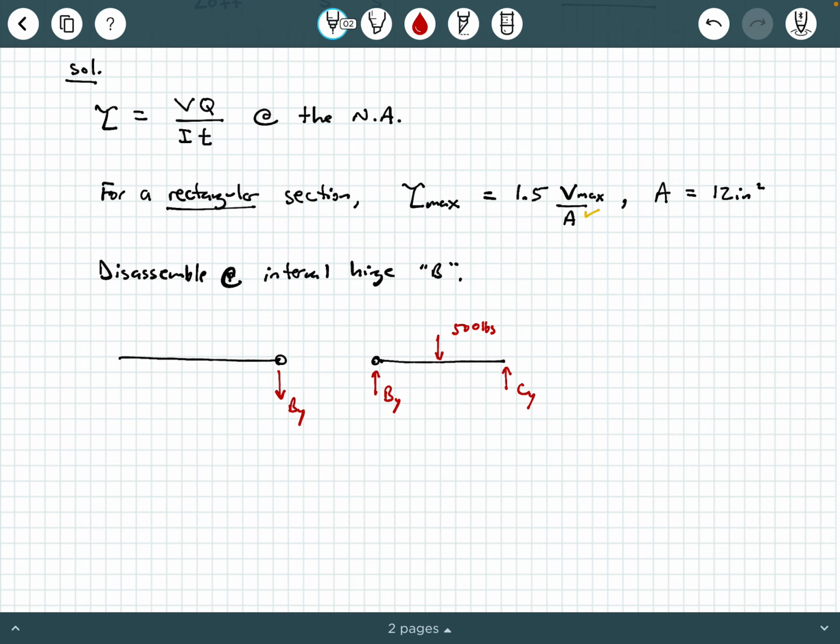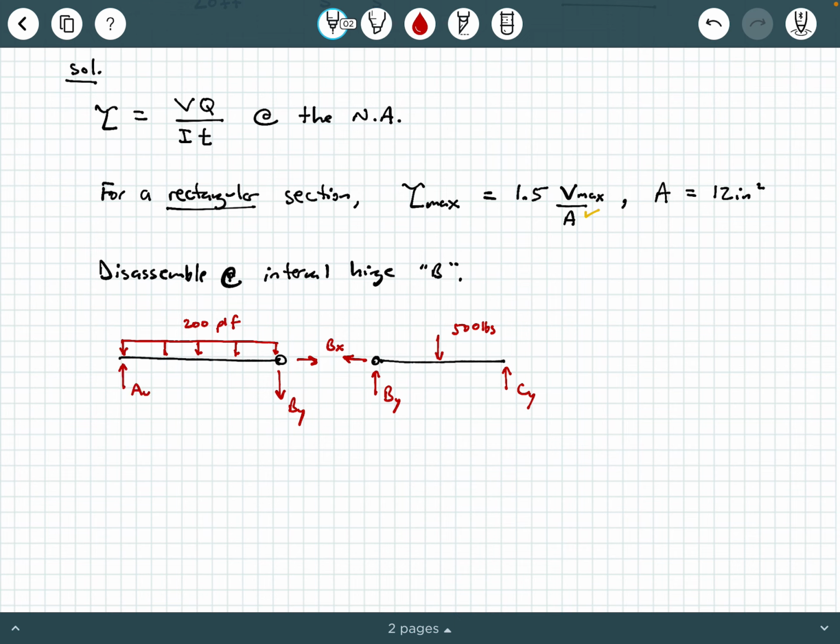And then I've got a BX, which is equal and opposite at the two sides of the internal hinge. And then, of course, I've got my uniform load of 200 PLF.